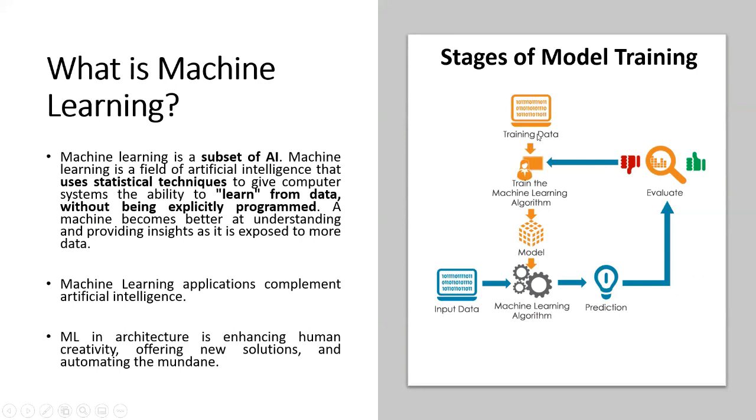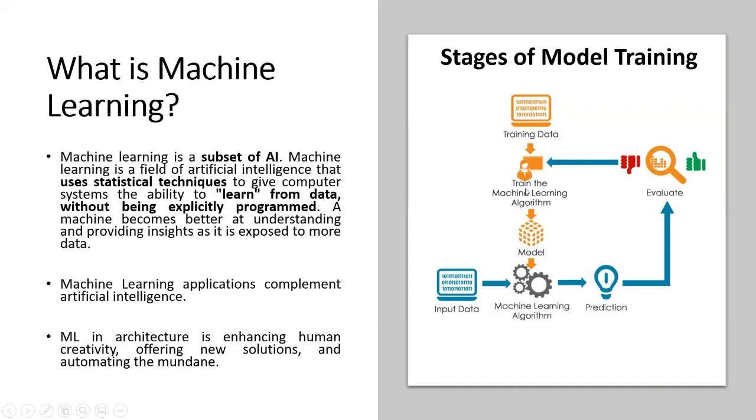First, we need to train our program using various, let's say, thousands of plans we need to give to the model so that our model will learn from that training data.